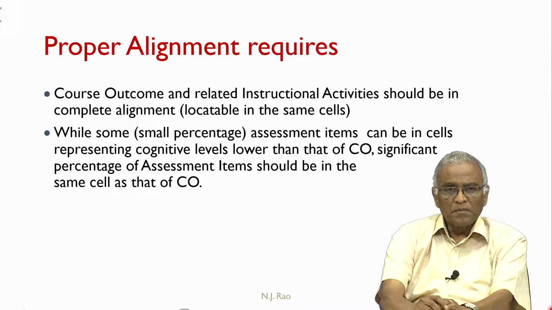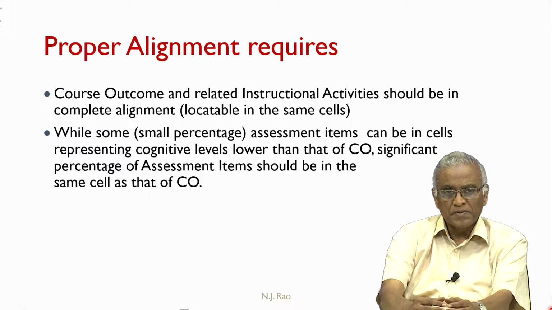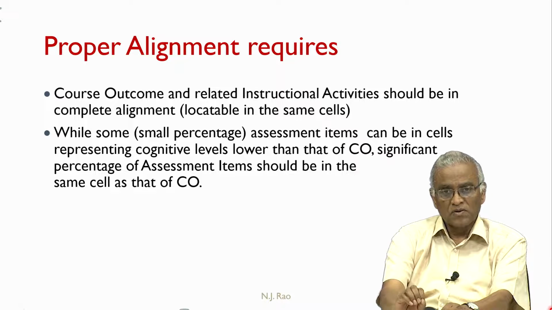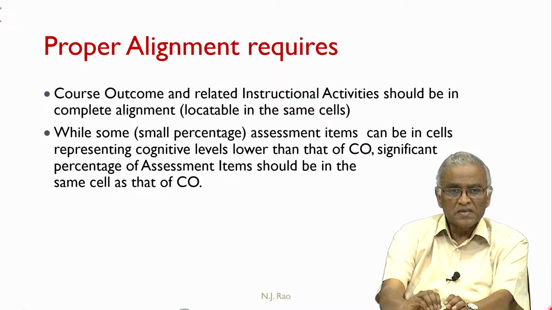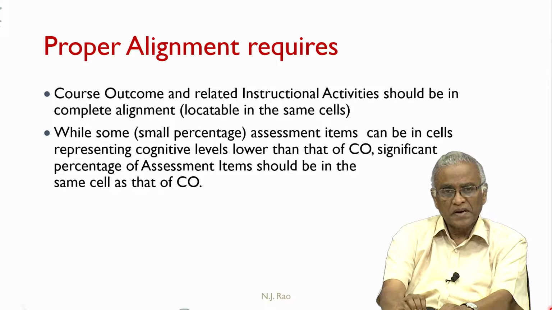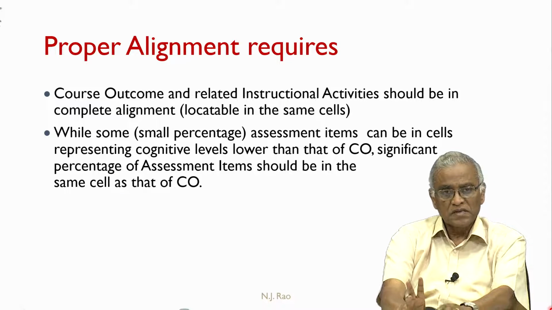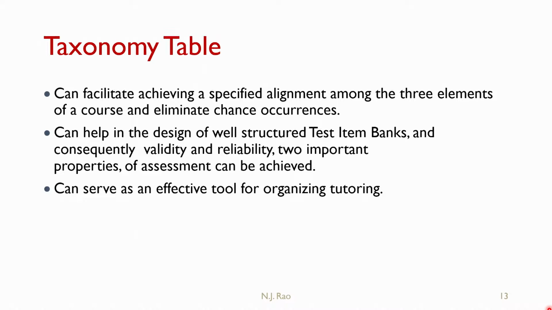While some, that is a small percentage of assessment items can be in cells representing cognitive levels lower than that of the course outcome, a significant percentage of assessment items should be in the same cell as that of the CO. So what can a taxonomy table do for us?